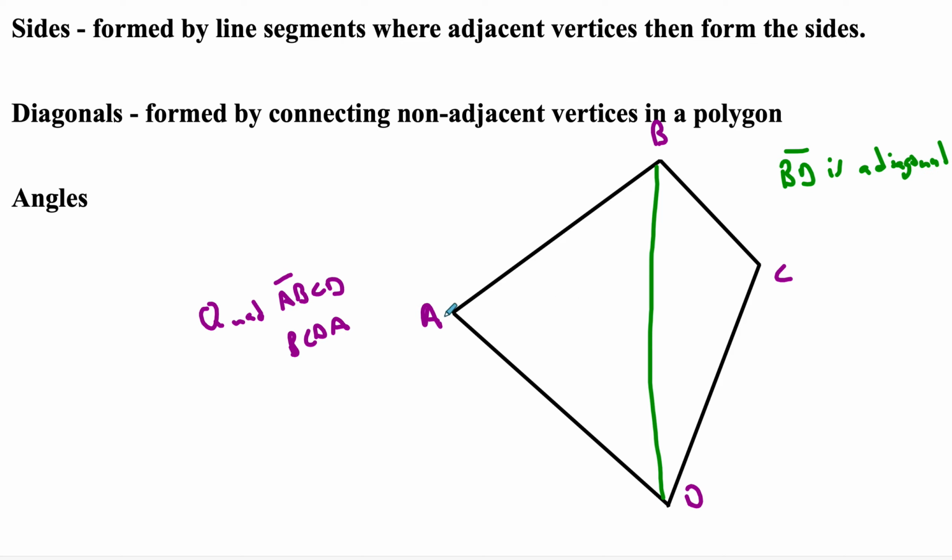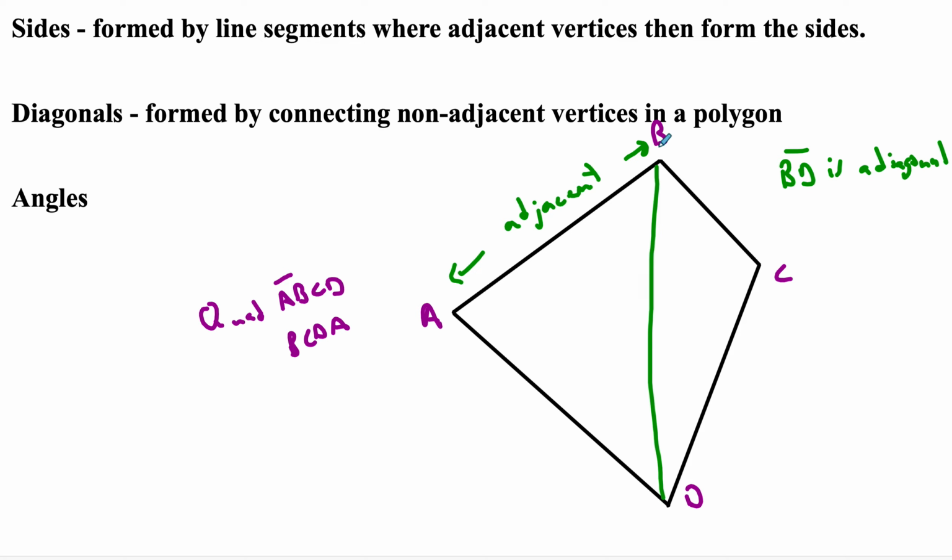Now, if you look at this, we would say that A and B are adjacent vertices because they're next to each other and they form a side. B and C are adjacent, right? And then we'd say that B and D are non-adjacent, that is, not next to each other.